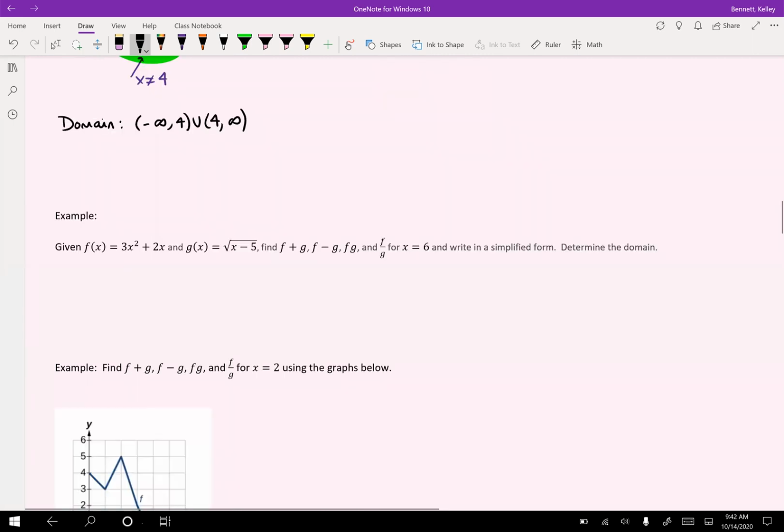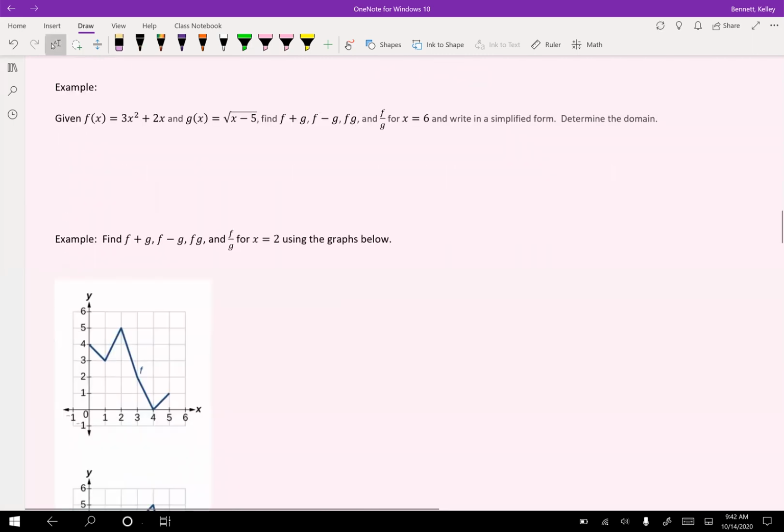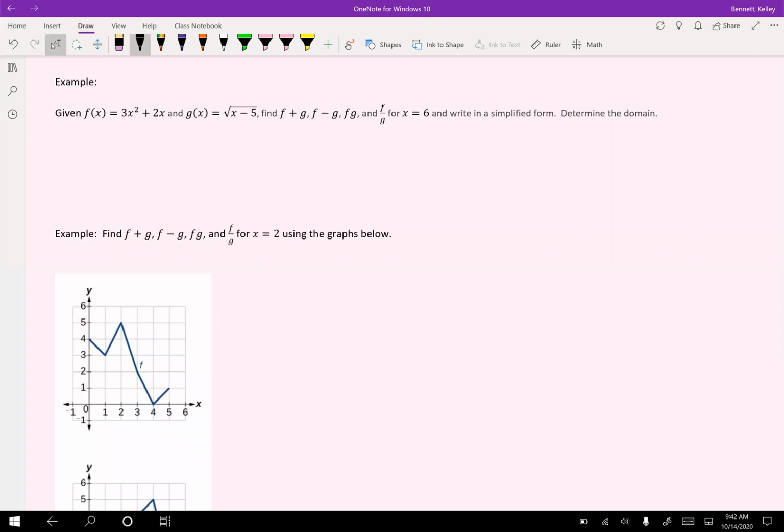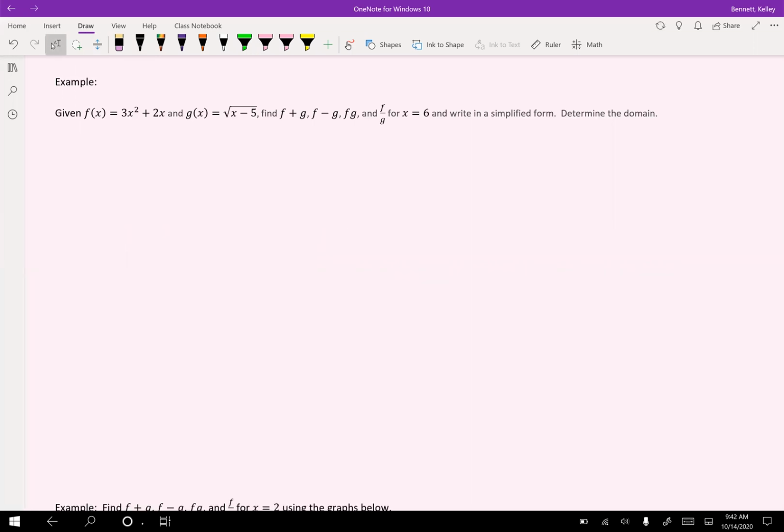All right, so next we're going to work on some functions involving a radical. So to start, f plus g of x equals just f of x, which is 3x squared plus 2x.